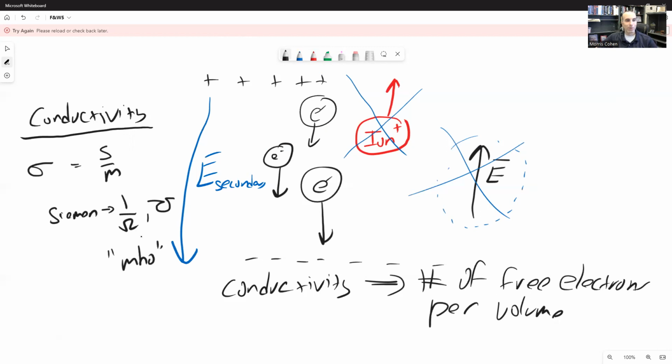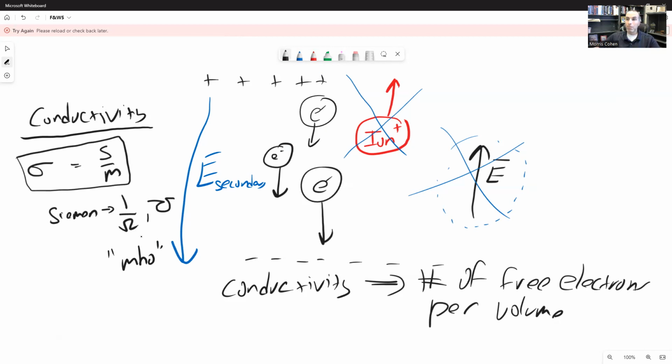People seem to have a sense of humor about this. So the units of conductivity are Siemens per meter or mhos per meter, or 1 over ohm meters is also one way to do it.